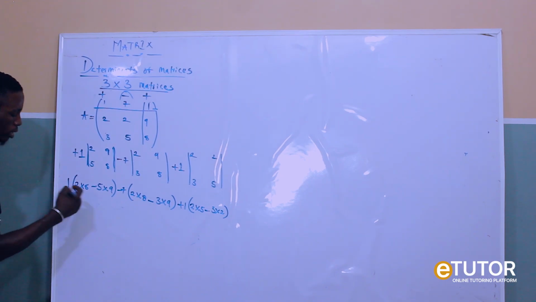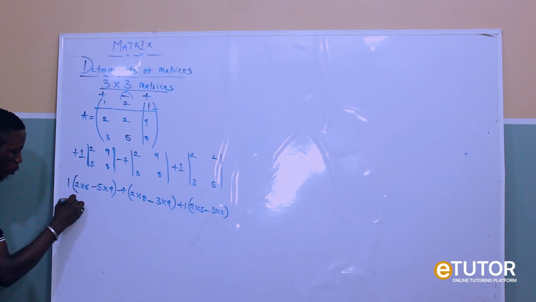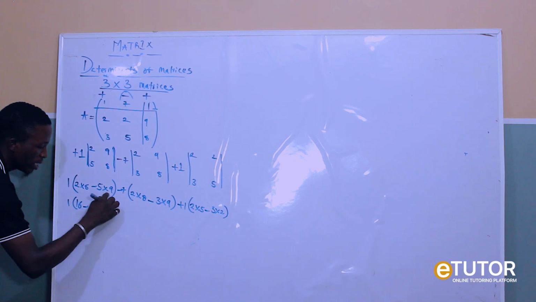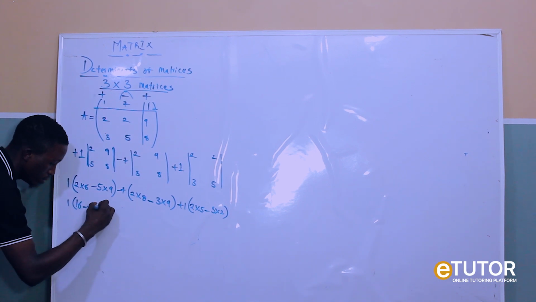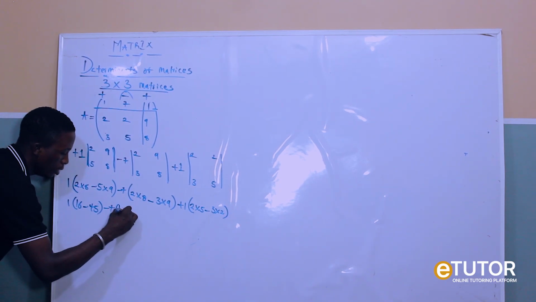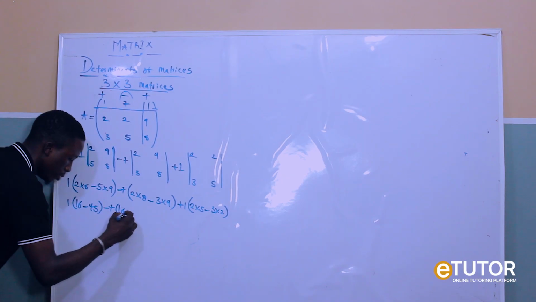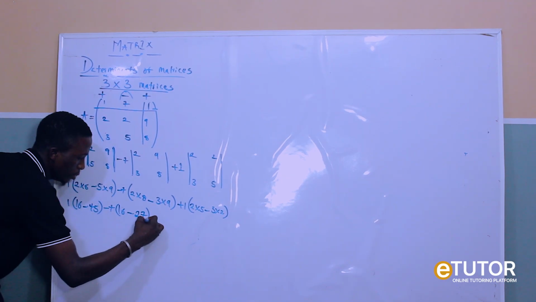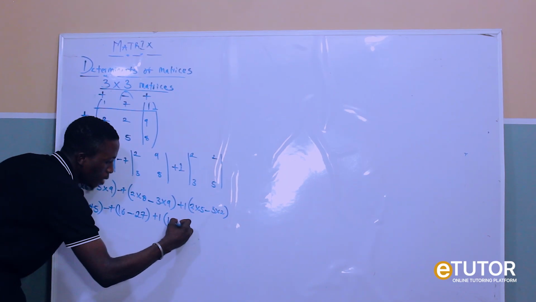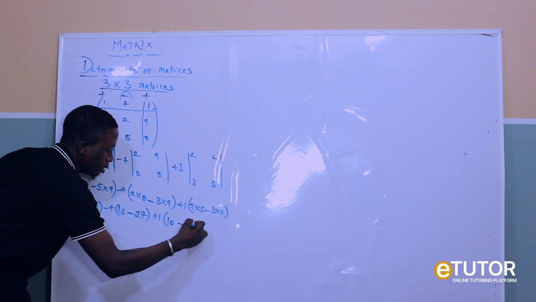So let us simplify this together. So we'll have 1, open bracket, 2 times 8 gives 16, minus 5 times 9 gives 45, minus 7, open bracket, 2 times 8 gives 16, minus 3 times 9 gives 27, plus 1, 2 times 5 gives 10, minus 3 times 2 gives 6.